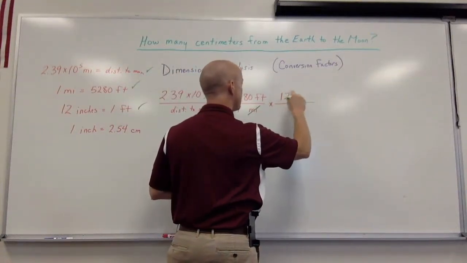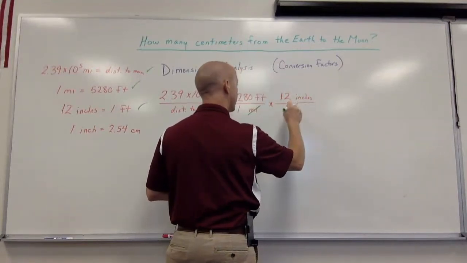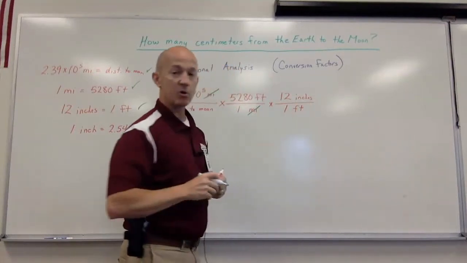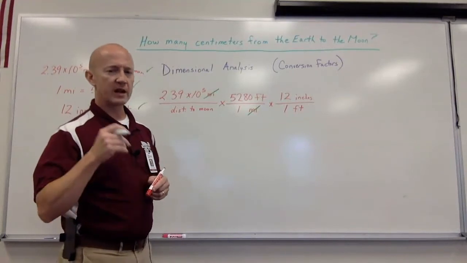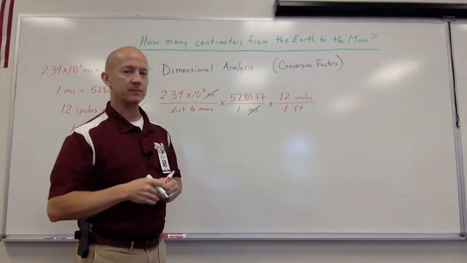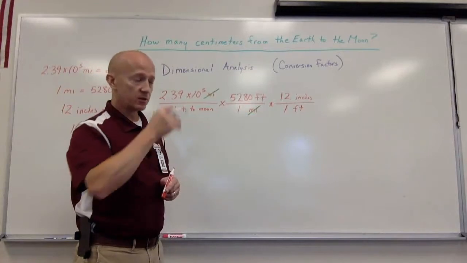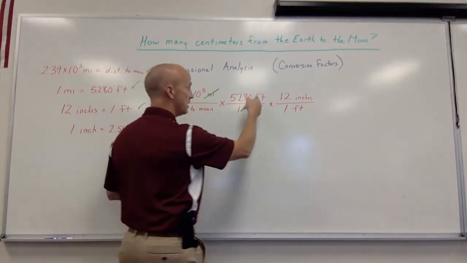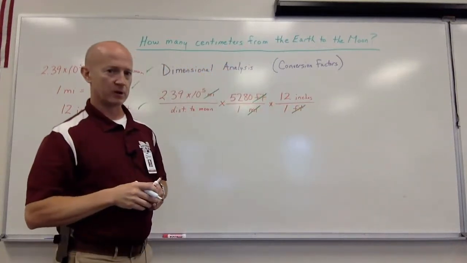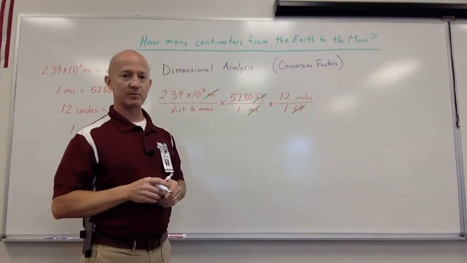So that means 12 inches for every 1 foot. Now, a quick rule of thumb is, whatever unit you're trying to get rid of, that's the one you want to put on the bottom. The unit you want goes on top. The unit you're getting rid of goes on the bottom. And see, now feet cancel. We're getting a lot closer. We have inches per distance to moon.